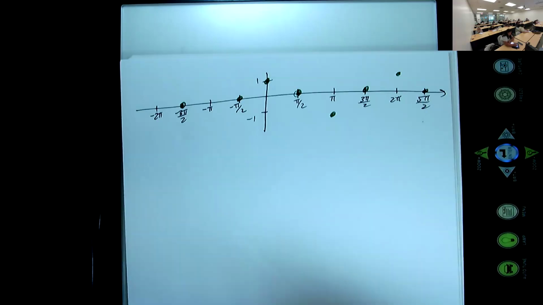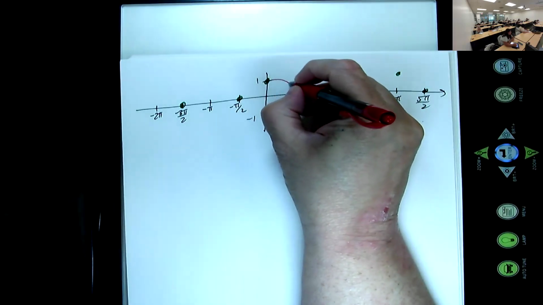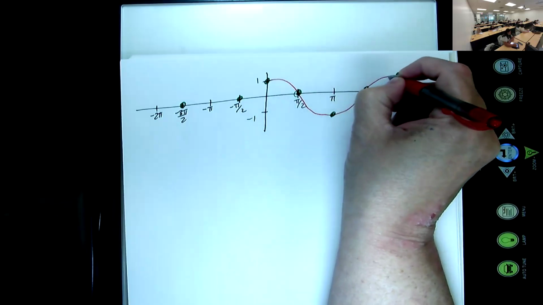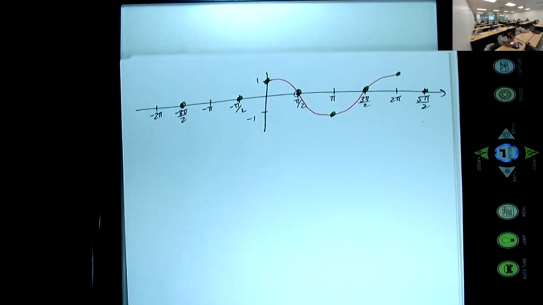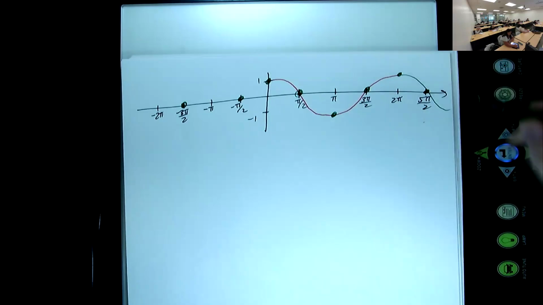It should follow this wave-like motion. The base graph of cosine is this. And then it starts to repeat. In fact, I'll leave the red part as the base and show the repetitions in green.